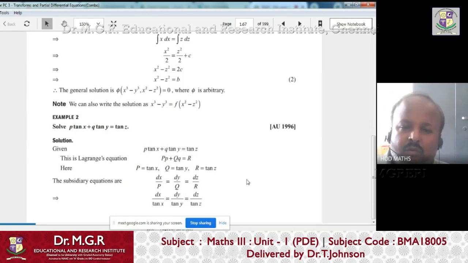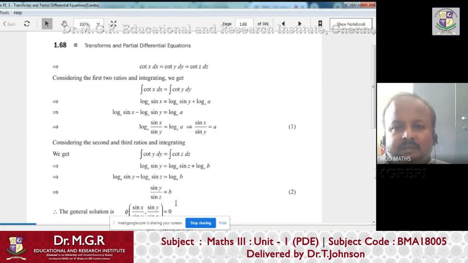Here also all looks the same, right? And it is in a nice manner. The dx with tan x is there, dy with tan y, dz by tan z. So directly you can take any two relations and integrate them. There is no cross multiplication in it because we have a nice function of x with the dx, a nice function of y with dy, right?